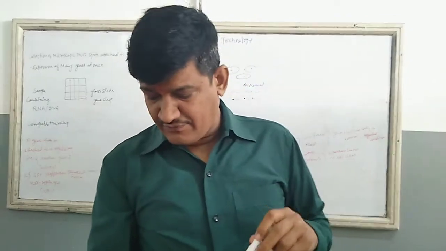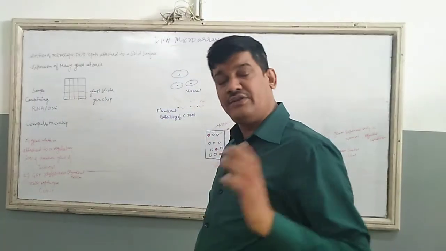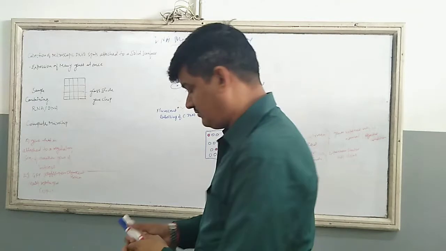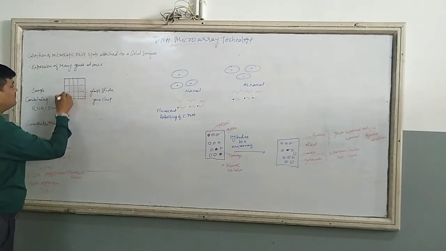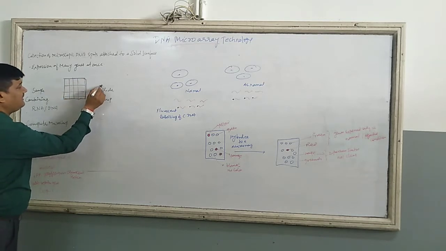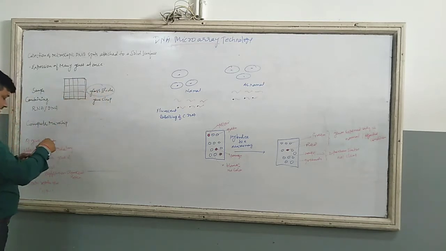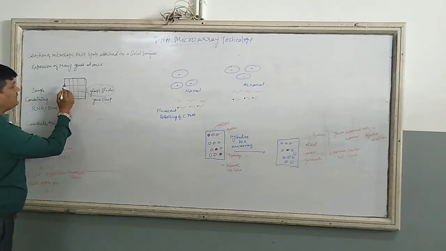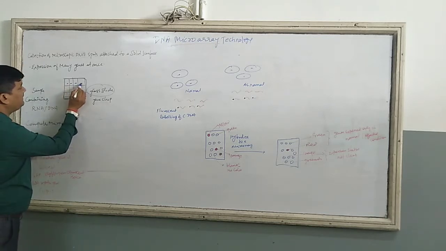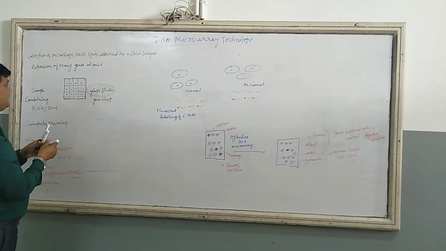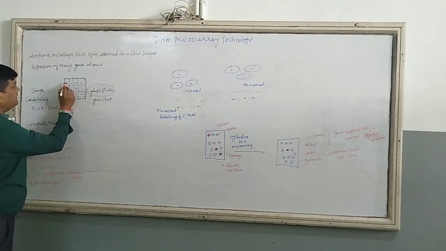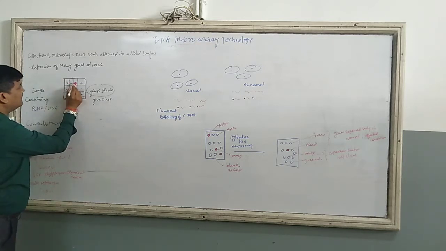In the case of gene chips, the substrates are immobilized. Suppose this is a glass slide, and here there is a particular location, and this location is known. What are we adding here? Suppose we are adding the complementary DNA on this location.